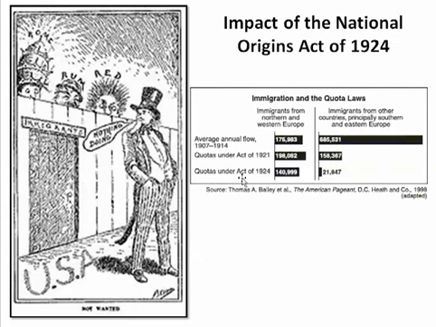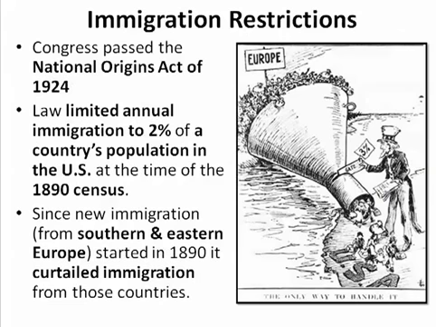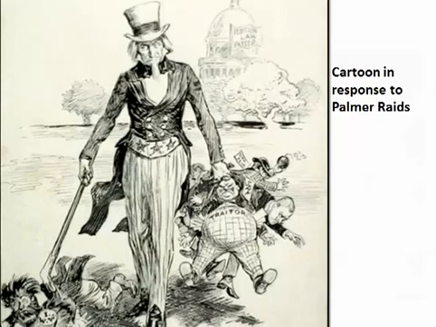By the time the National Origins Act is passed, only 21,847 will be allowed into the country in that year. So, a big-time restriction on immigration coming from countries that are socialist, anarchist, or communist. We didn't want them in the country.